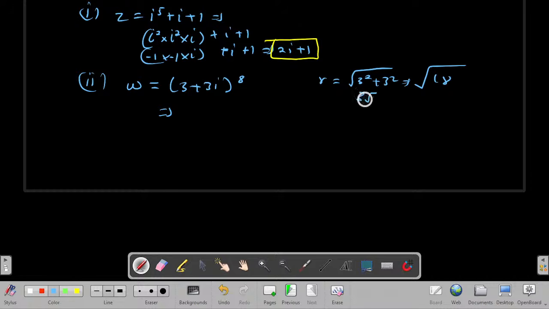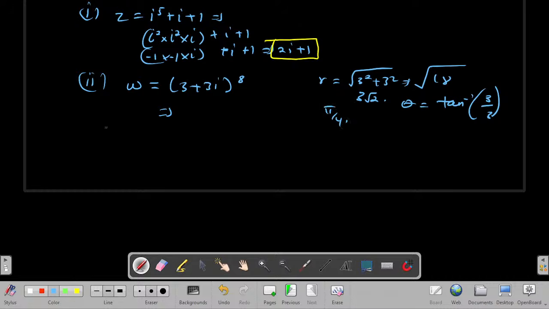So this is my r. My theta is simply equal to tan inverse of 3 over 3. That gives tan inverse of 1, and that is pi on 4.